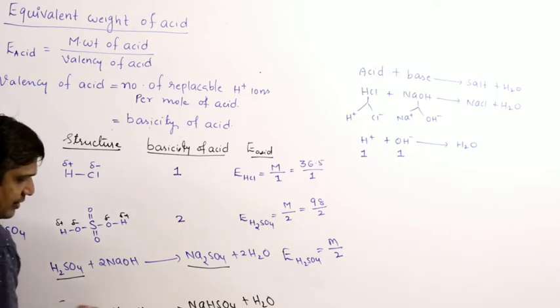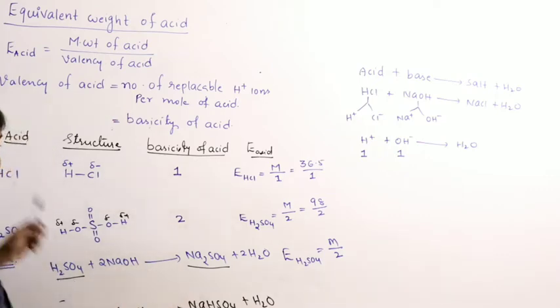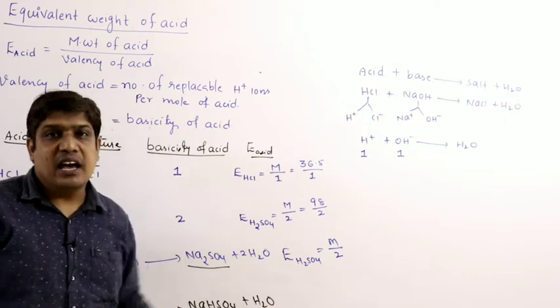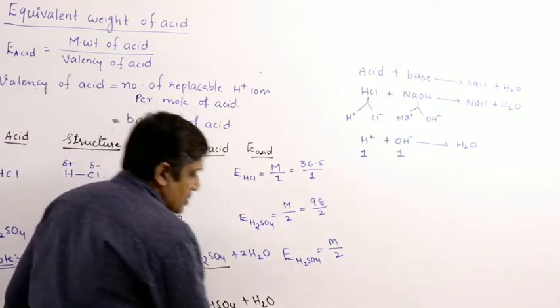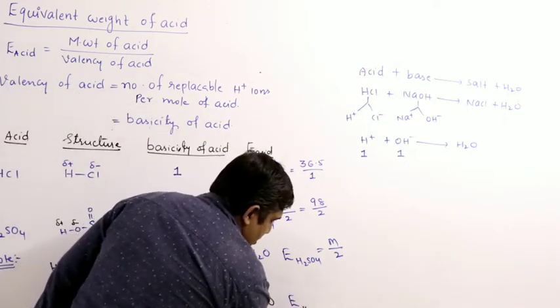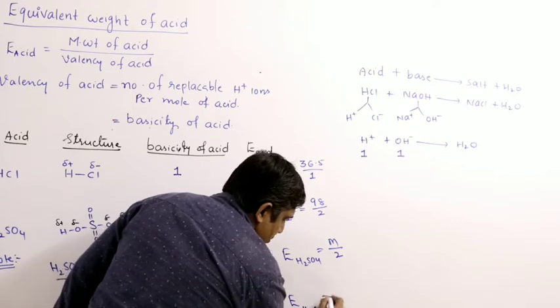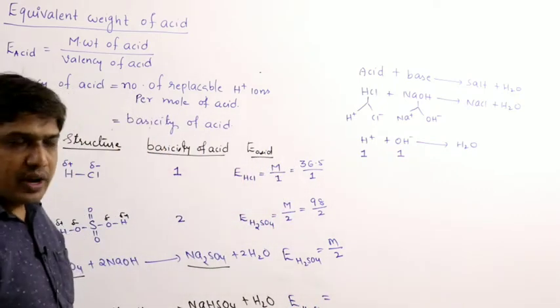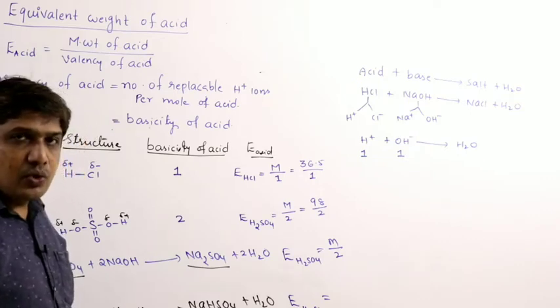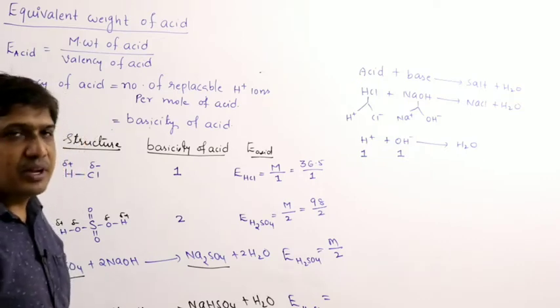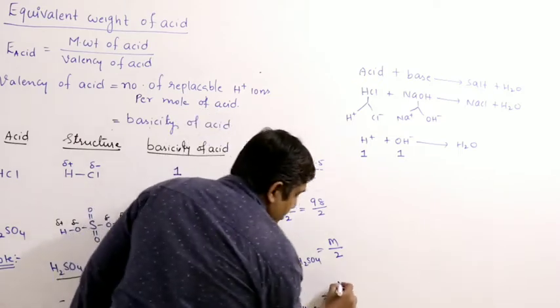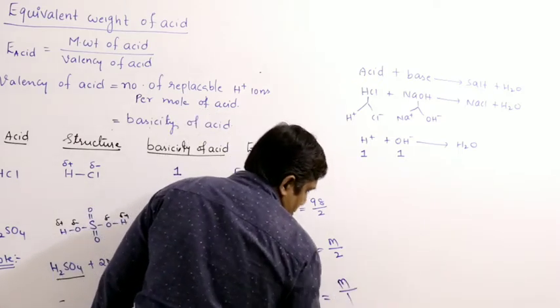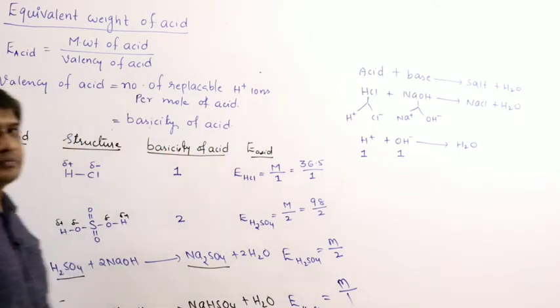Out of 2 acidic hydrogens, one is present as such. That means only 1 H plus ion is replaced. So in this case, although there is a possibility of 2, we have a smaller amount of base here, right? We are adding less base, so only one acidic hydrogen is replaced. Therefore, the number of hydrogens replaced is 1.